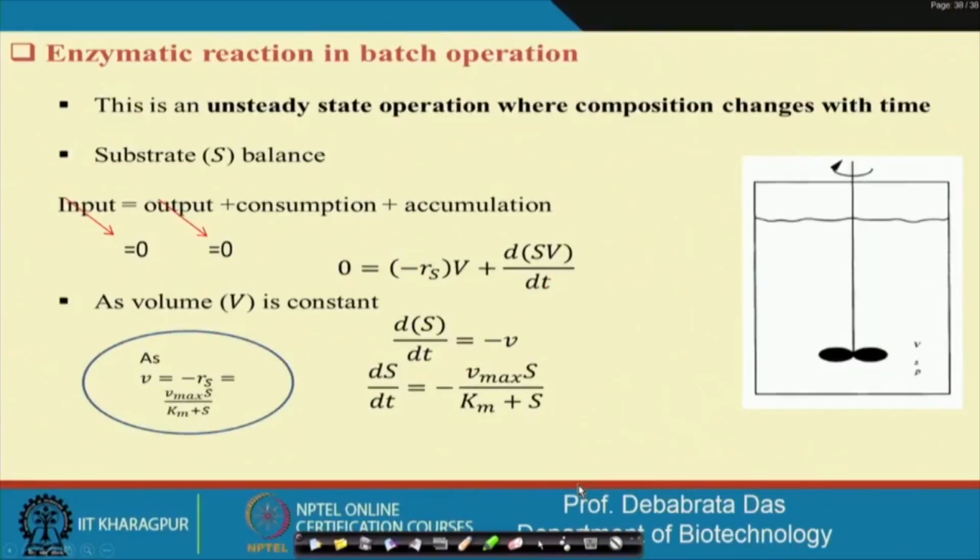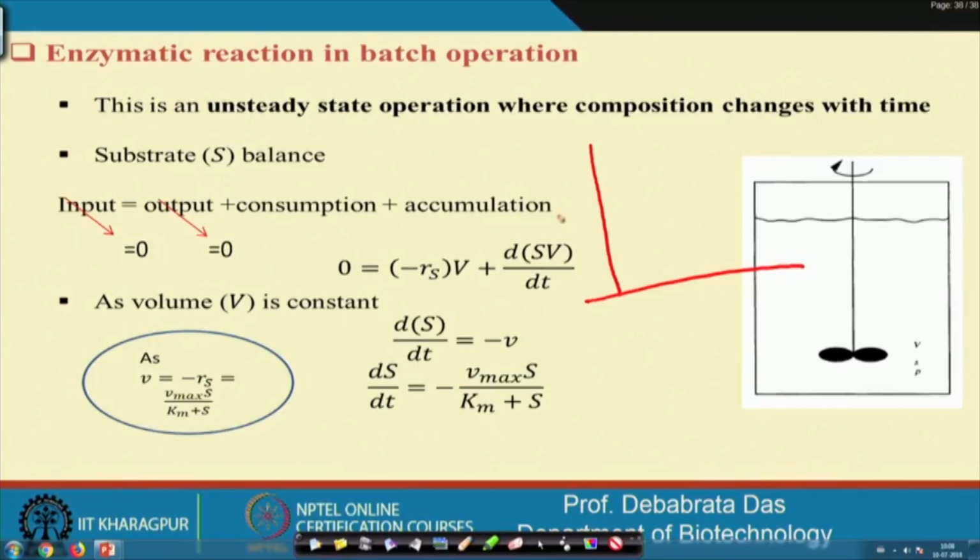Now first, I told you that as far as processes are concerned, there are two types of process. One is the batch process, another is the continuous process. Now the batch process is considered an unsteady state operation. Why is it unsteady state?